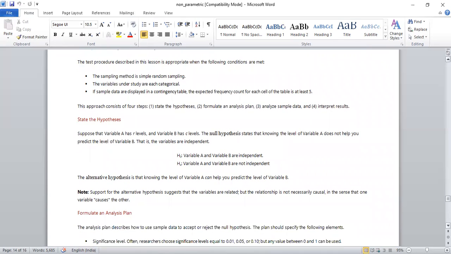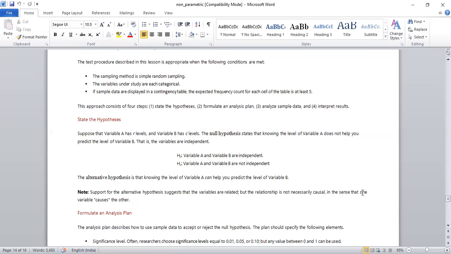The alternative hypothesis suggests that the variables are related, but the relationship is not necessarily causal, in the sense that one variable causes the other. In some cases one variable may be the cause of the other, but it may also happen that the relationship is not causal.